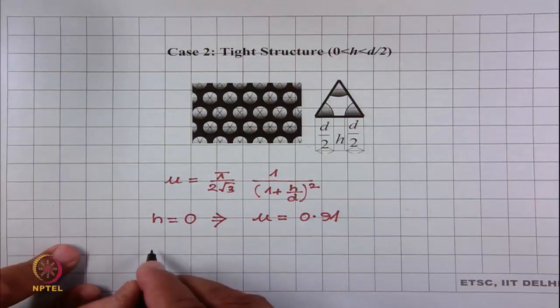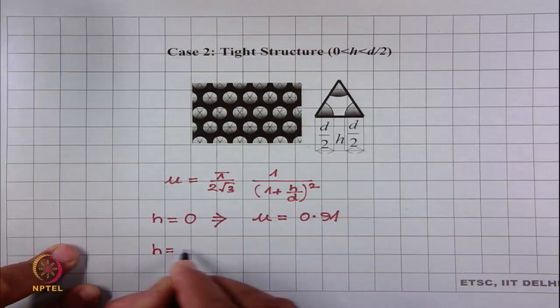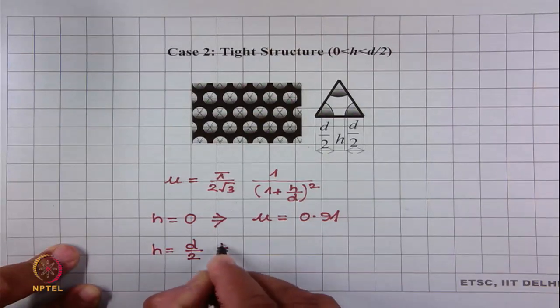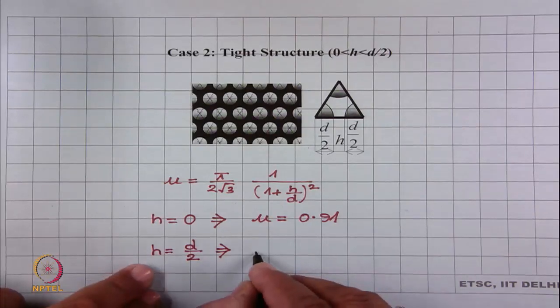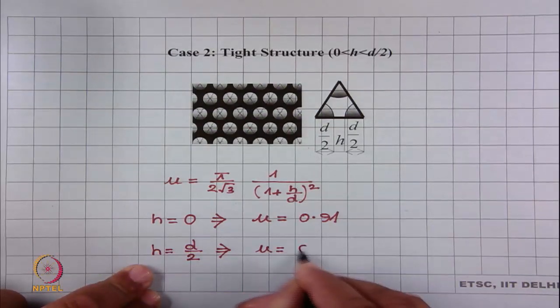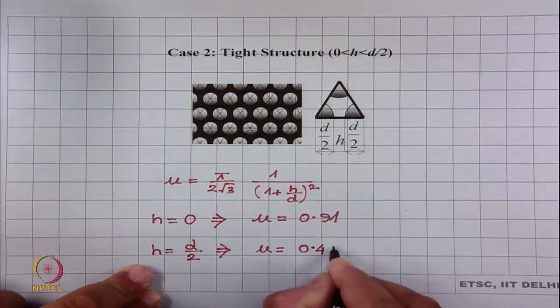If we put h is equal to d by 2 here, what will be the value of mu? You can try. This value will be roughly equal to 0.4.